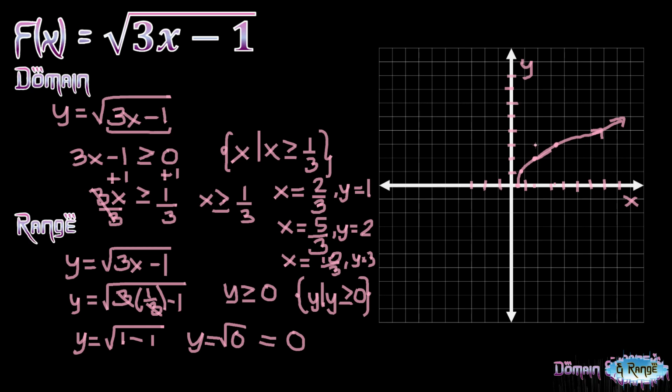This connects to the point that our range starts from 0 and goes upward. Hence, our range is also correct. So this is how we determine the domain and range of a radical function, and these are the processes that will help us analyze using a graph.